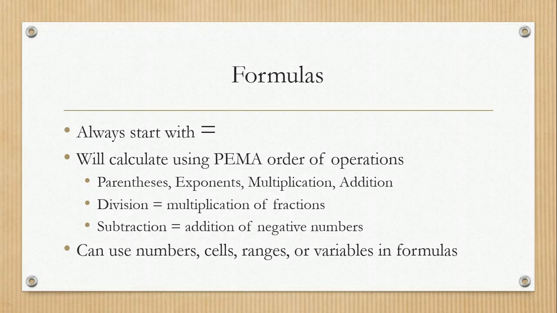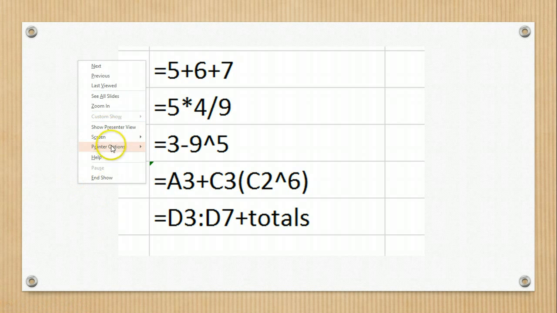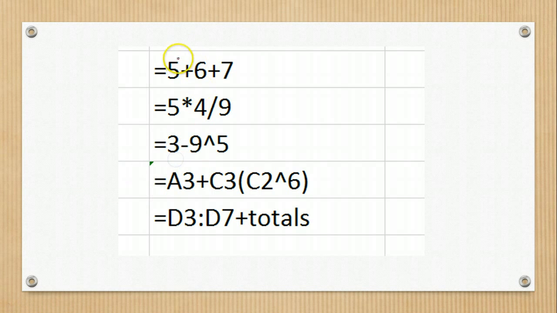Within formulas, we can use numbers, cell addresses, ranges, or variables. And to show you an example, you'll notice that in the formulas that I've listed here, we have numbers. You'll also notice that we have a bunch of different symbols as well.